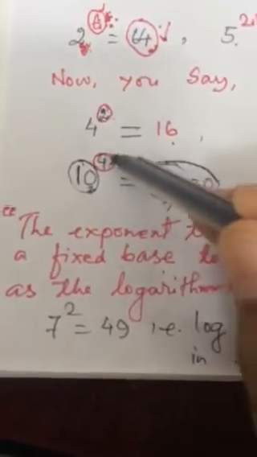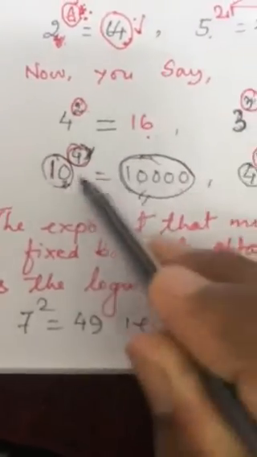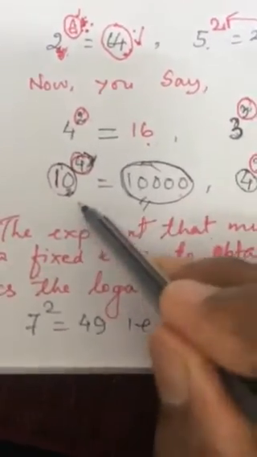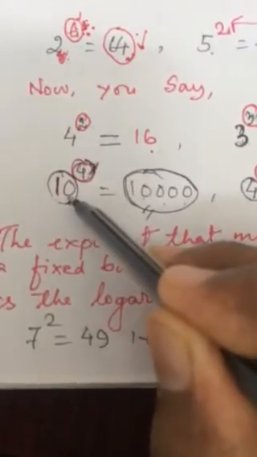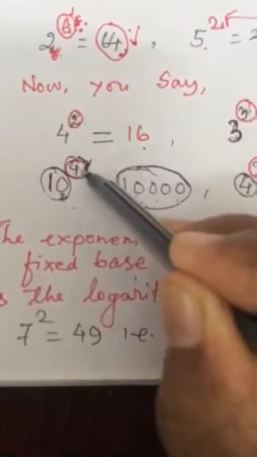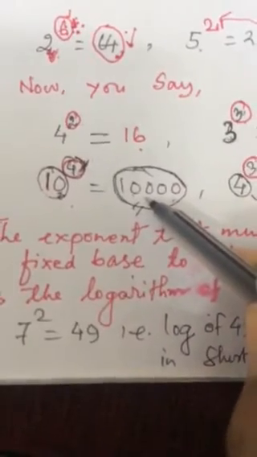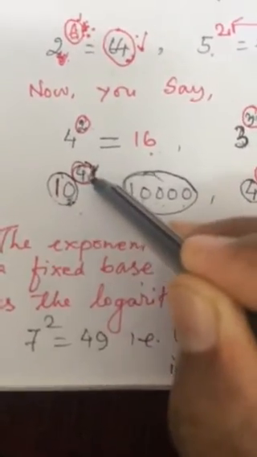So for this, 4 is called the log. How to read this one here? You can say log of 10,000 to the base 10 is 4.